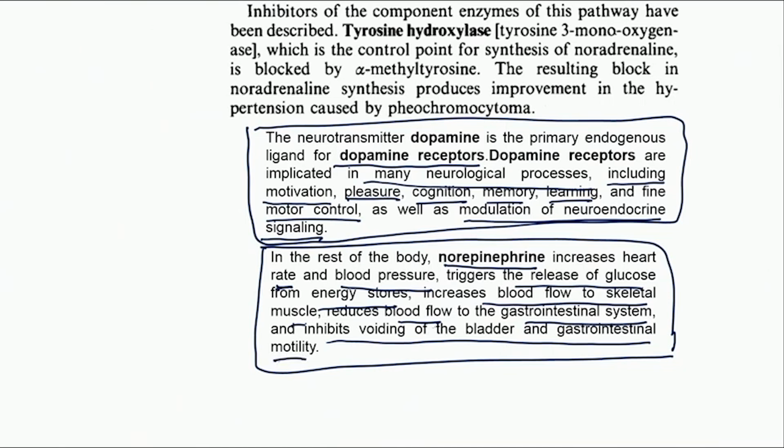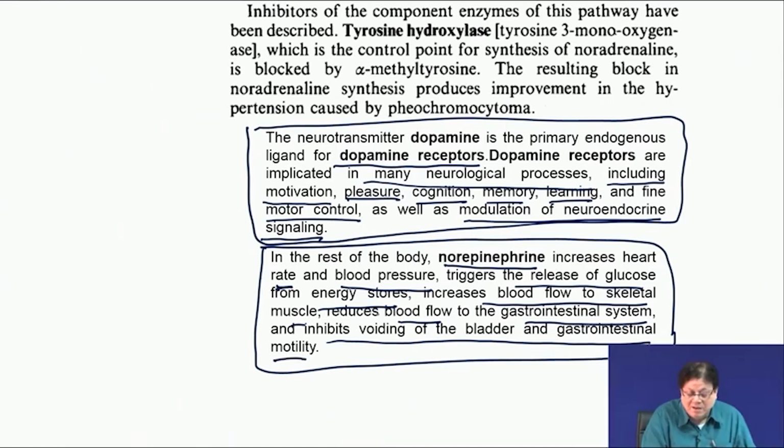So, here the very important part is that it increases the heart rate and blood pressure. Okay. So, it must be the causative agent if somebody is suffering from hypertension. Of course, hypertension has different mechanisms by which the blood pressure can rise, but one of the mechanisms is norepinephrine related.